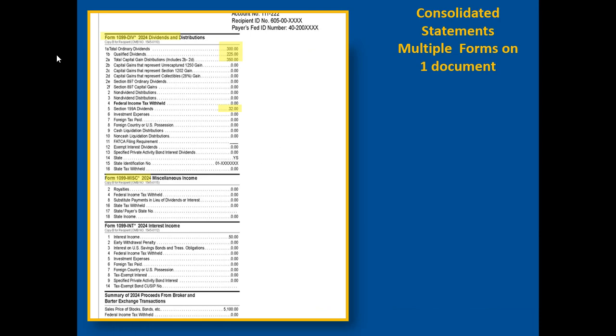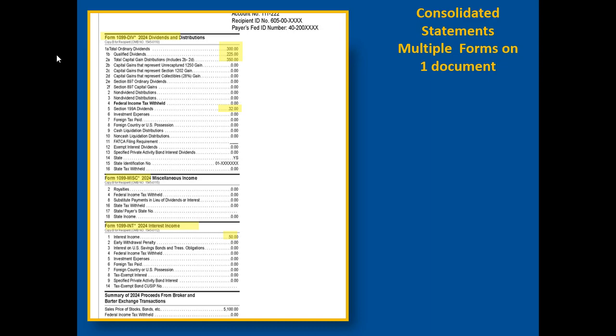She has a miscellaneous form, but it's all zeros, so we don't have to enter that one. The next form she has is a 1099 INT, which stands for interest, and highlight those dollar amounts there as well. So consolidate just means to put things together. So this is putting different forms together.